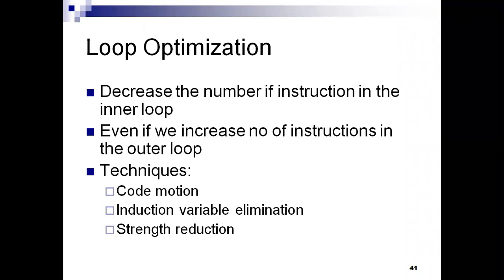That's the technique and the advantage of this optimization. The detailed transformations of loop optimization will be explained in further slides. For now I'm just discussing what loop optimization is, its advantage, and what type of transformations we are going to apply in it. That's it.